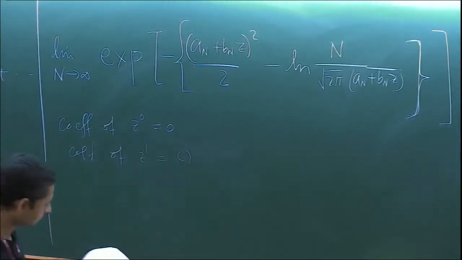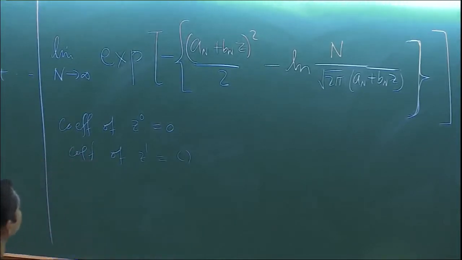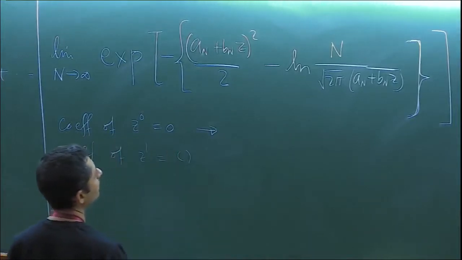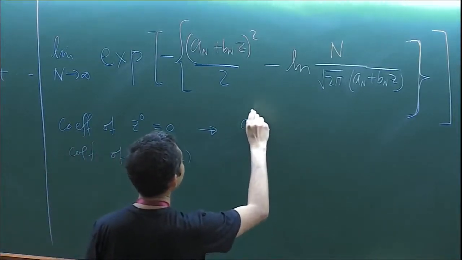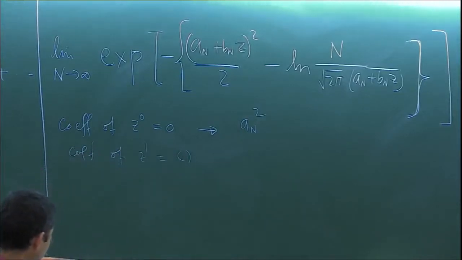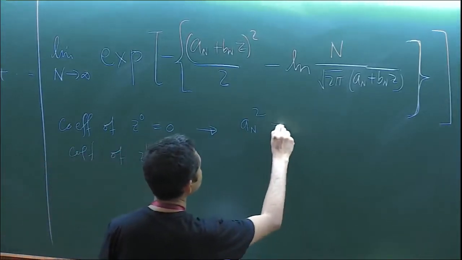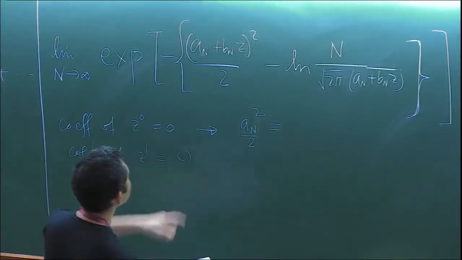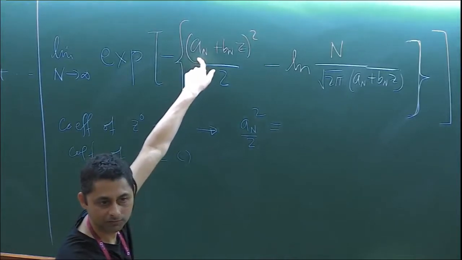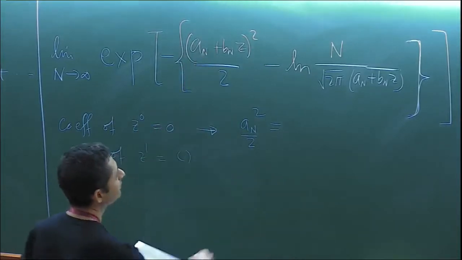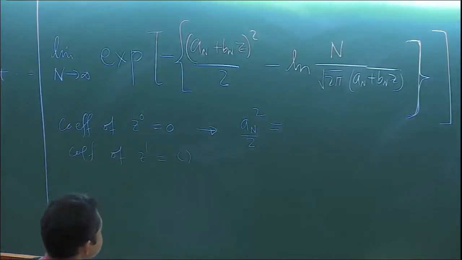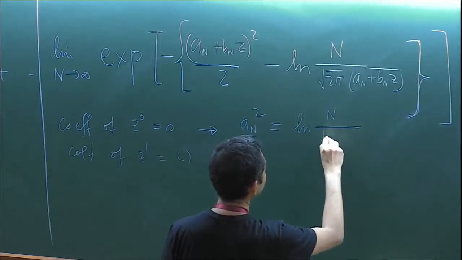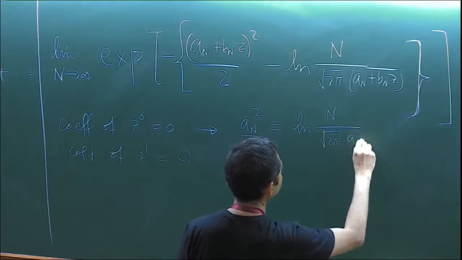For example, what is the condition on an? an comes from here. It says an square by 2 is equal to the term independent of z. What is the term independent of z from there? Log of n by square root of 2 pi an.